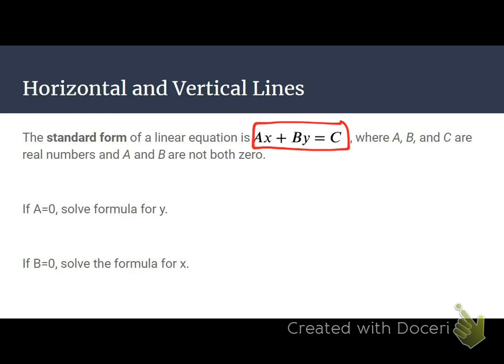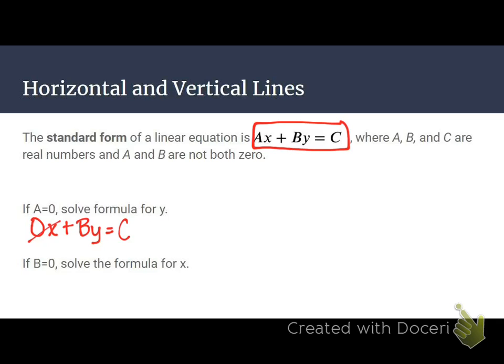The next thing we need to do is consider that if A is equal to 0, we need to solve this formula for y. If we plug in 0 for A, the rest of it stays the same. 0 times anything is going to be what? 0.